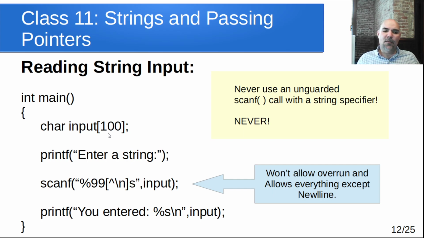It just depends on what system that's on and what order the stuff is in memory. But you're giving somebody access to run off the end of an array into other things, which could either break the program or introduce some sort of security hole. So always have the size guarded on %s when you're using scanf, or fgets too.